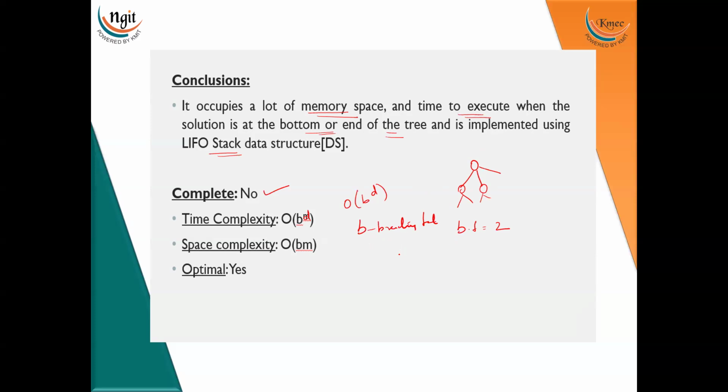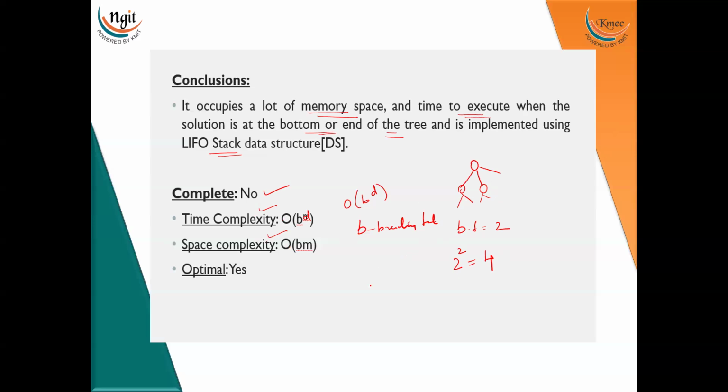That is, let us say the depth is maybe after 2 levels you got a solution. Then we can say 2 into 2 square, then we can say the answer is 4. That is, after 4 searches, we have got the goal state. In this way, we are going to find the time complexity and space complexity. That is order of b power d.